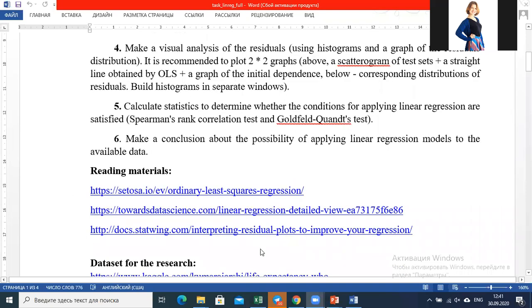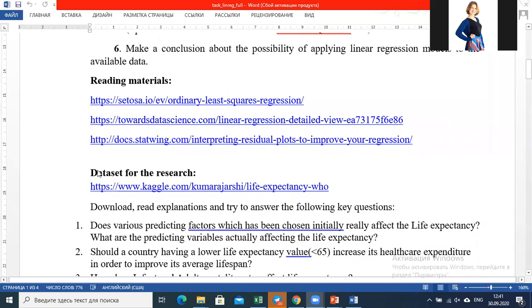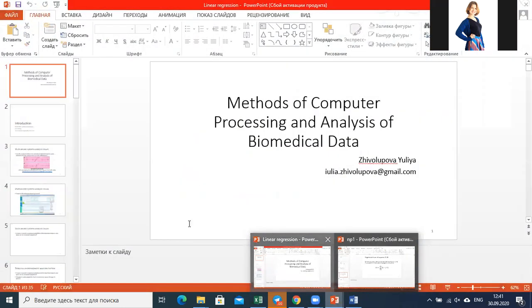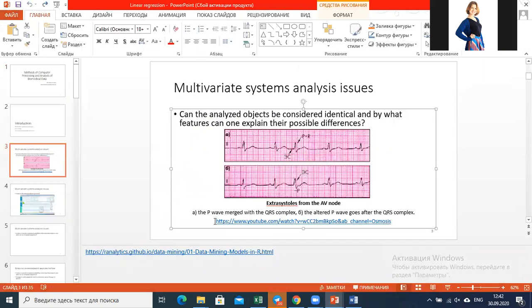Okay, I will show, one moment. So in reading materials here, and also we have some data set for future research to play with. And also I will attach the presentation, and here will be a link for YouTube where you will find information about heart activity.